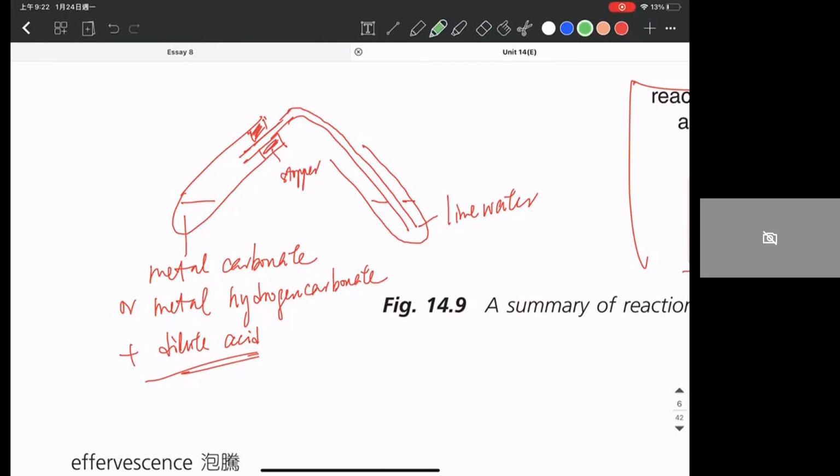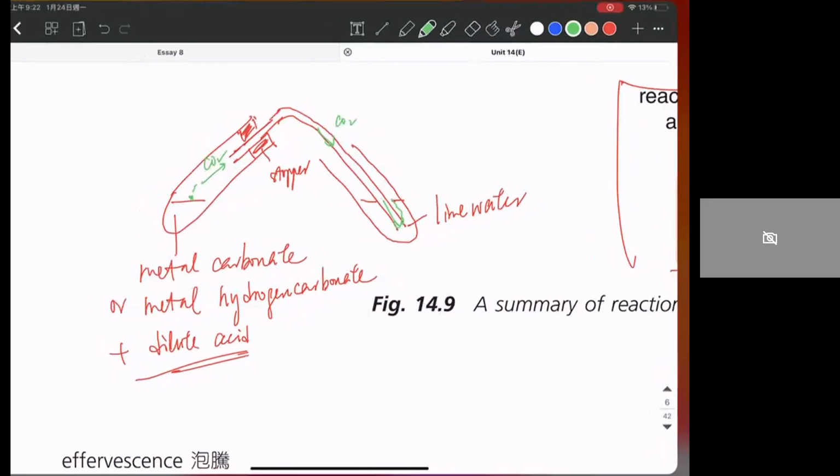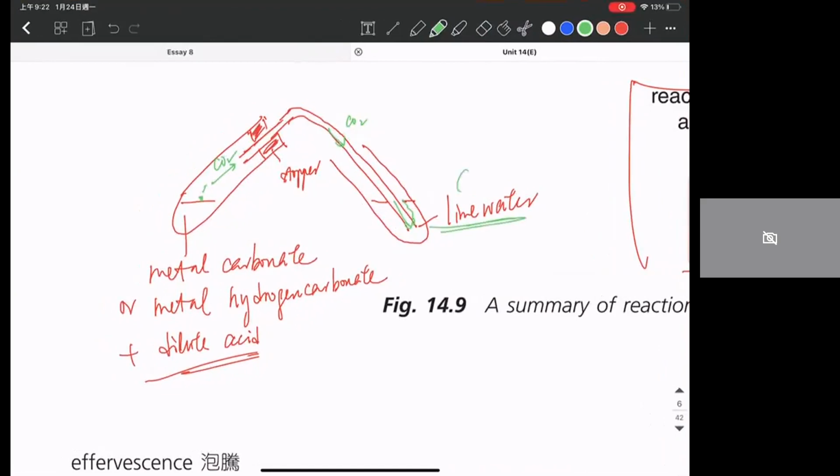The carbon dioxide, once formed, will pass through here, here, and here, bubble up, and turn lime water milky. It will meet calcium hydroxide, and the reaction is as written in the equation: carbon dioxide reacts with calcium hydroxide to form calcium carbonate and water. Is that clear?